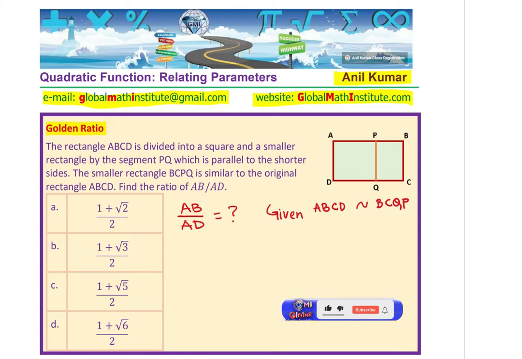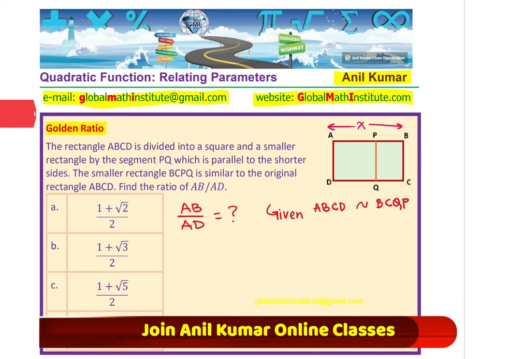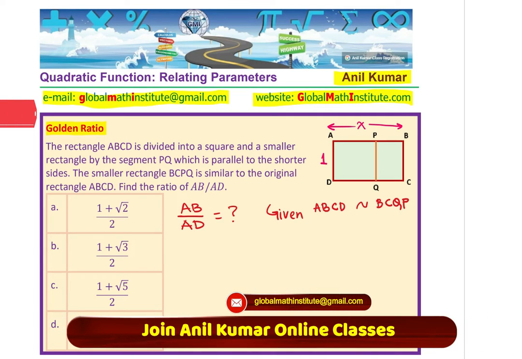Now, since we need to find the ratio AB over AD, let us assume that the length AB is X unit long, and AD be 1 unit long.